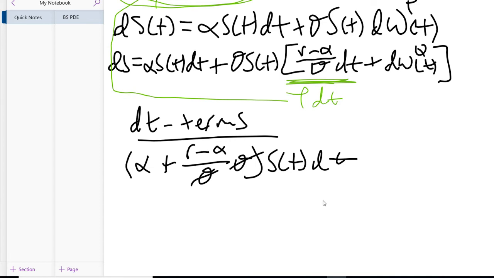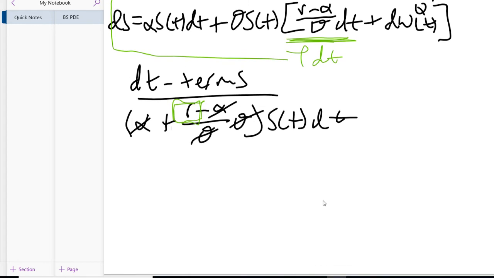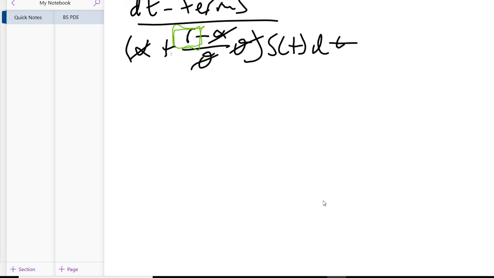Obviously these cancel, and then your alpha is going to cancel, and lo and behold, you're just left with r S_t dt.